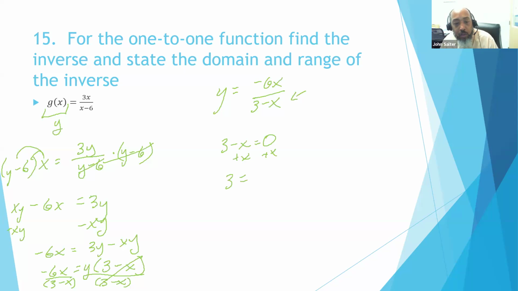Well, whenever x is equal to 3. So my domain will be everywhere except that one point. So my domain will be from negative infinity to this point, but not actually touching that point and then going all the way to positive infinity.